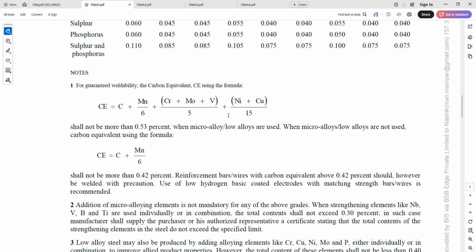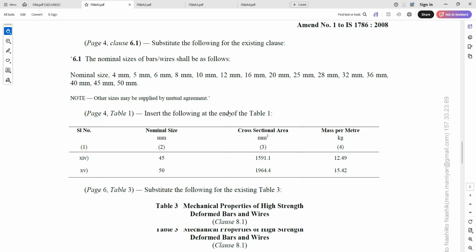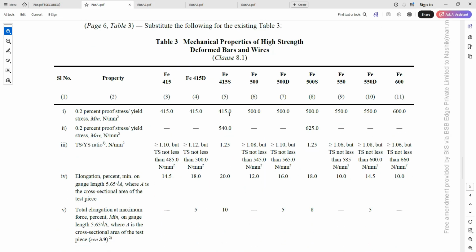So now this Amendment 1 of 1786 has specifically mentioned this TS by YS ratio. And here they have introduced the Fe415 seismic grade also. And here they have introduced Fe500S seismic grade also. So whatever the TS by YS ratio, but in general how much is it?